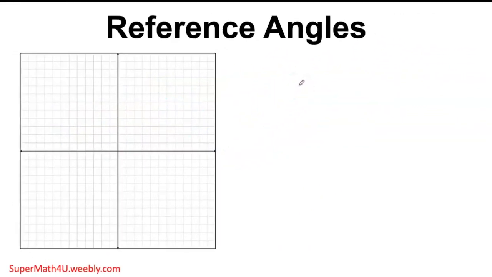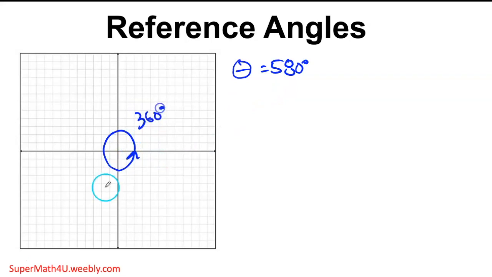What about if the angle theta is greater than one revolution? Let me give an example. What about if my angle is 580 degrees? If you notice, that's a big number. If I go around one time, it's 360 degrees, and this is much bigger than that. So because this is bigger than 360, I take 580 and subtract one revolution. 580 minus 360 gives me 220.